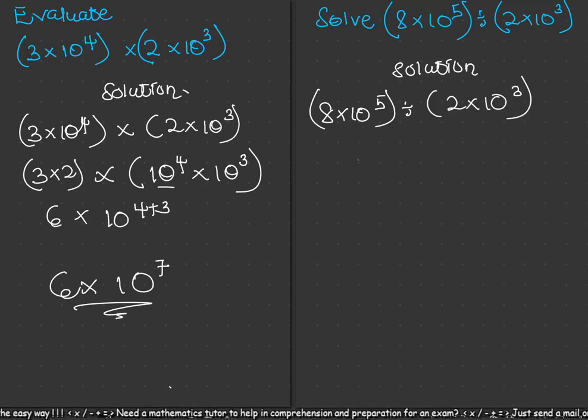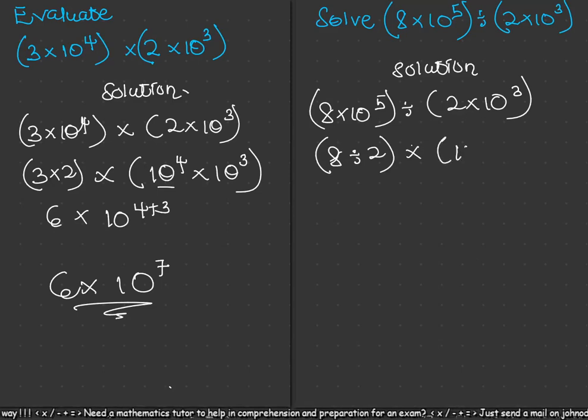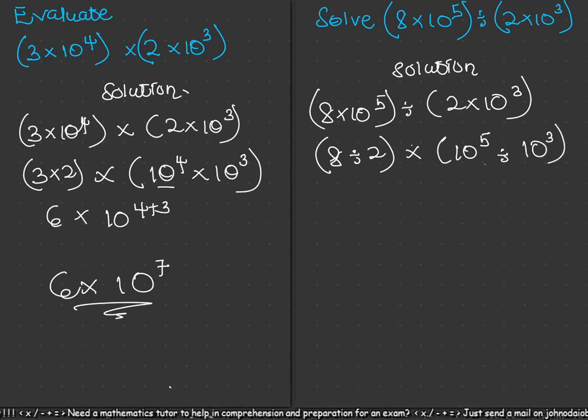Let's pick the numbers, that is 8 divided by 2, then the other part, which is 10 raised to the power 5 divided by 10 raised to the power 3. We know 8 divided by 2 gives us a 4.